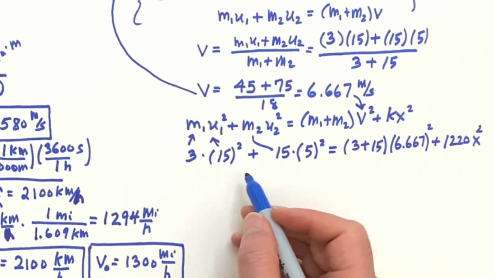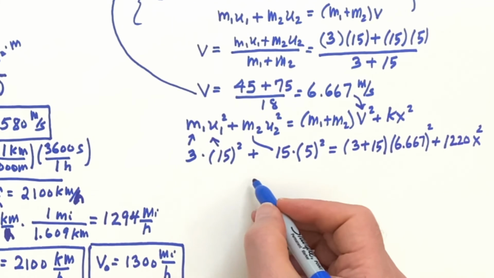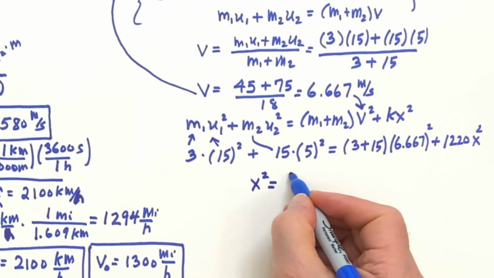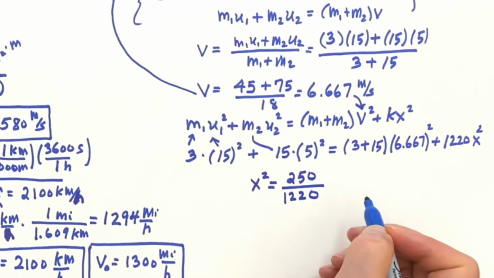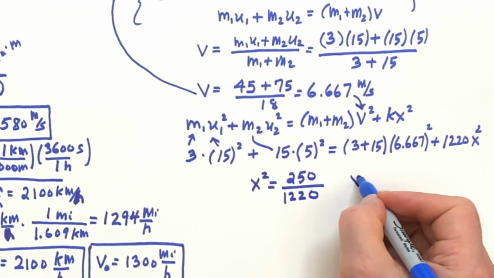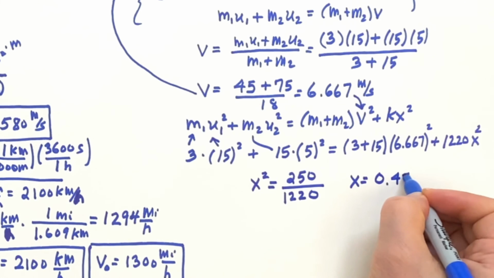This is very straightforward to do, and with the calculator, we work this out. The text shows you the steps, so you can check your numbers at each step. I'll just go ahead and jump to the answer here. X squared is 250 over 1220, and that means x is, take the square root, 0.45 meters.